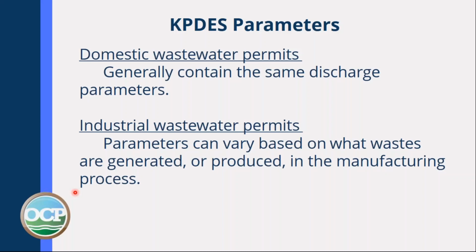However, if it's an industrial wastewater permit, it is going to change, and what you are going to be asked to test for will depend on what your manufacturing process is, on what waste will be produced. And we'll look at this later on in the presentation.